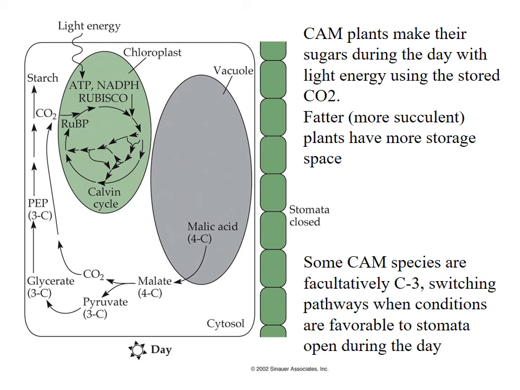One other advantage that CAM plants have is that some of them, when conditions are okay for stomata to be open during the day, can switch to C3 photosynthesis. So they can be facultatively C3 plants, and this is a big advantage for those species that can rotate between those two different types of photosynthesis.